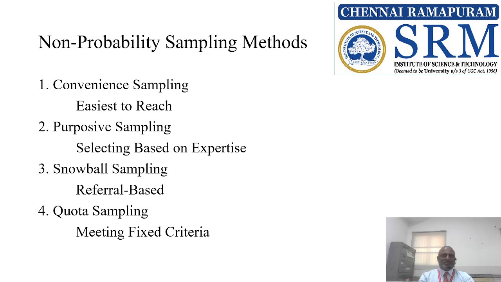Participants are selected based on specific characteristics or criteria. So selecting based on expertise, we can say. That means when we have a specific criterion for selecting a person as a respondent, that kind of sampling technique is called purposive sampling.